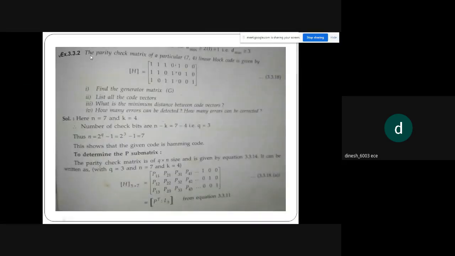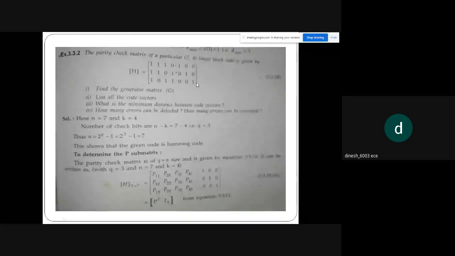See that the parity check matrix of a particular 7,4 linear block code is given by this H. So what is our H? H is 1, 1, 1, 0, 1, 0, 0. This is the identity matrix which I wrote in blue color.